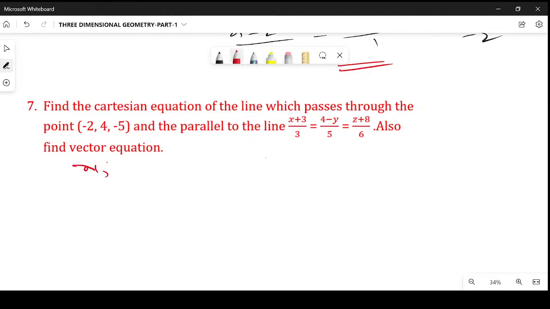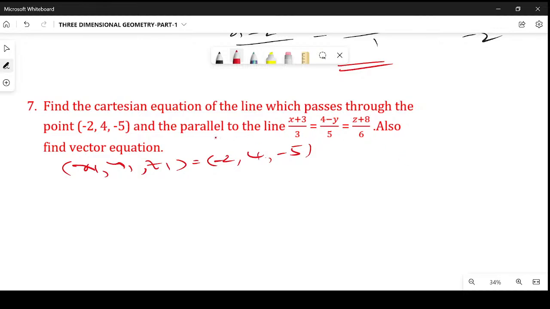So we know that x1, y1, z1 is given, which is equal to minus 2, 4, minus 5. Just you remember, the point, be careful to write. Minus 2, 4, minus 5. This is the given point.